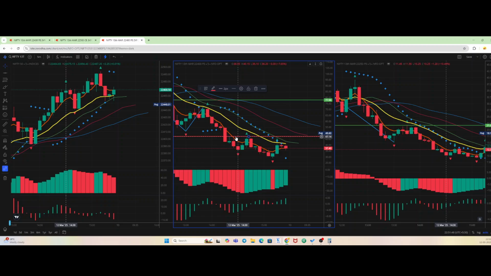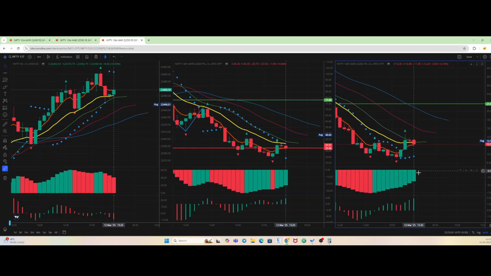Again, you can see this is the next fractal. Finally, we change the stop loss to 41, and the day closed at 37. We also exited at 37. And here on the P side, hedge side, that also we exited at day end.